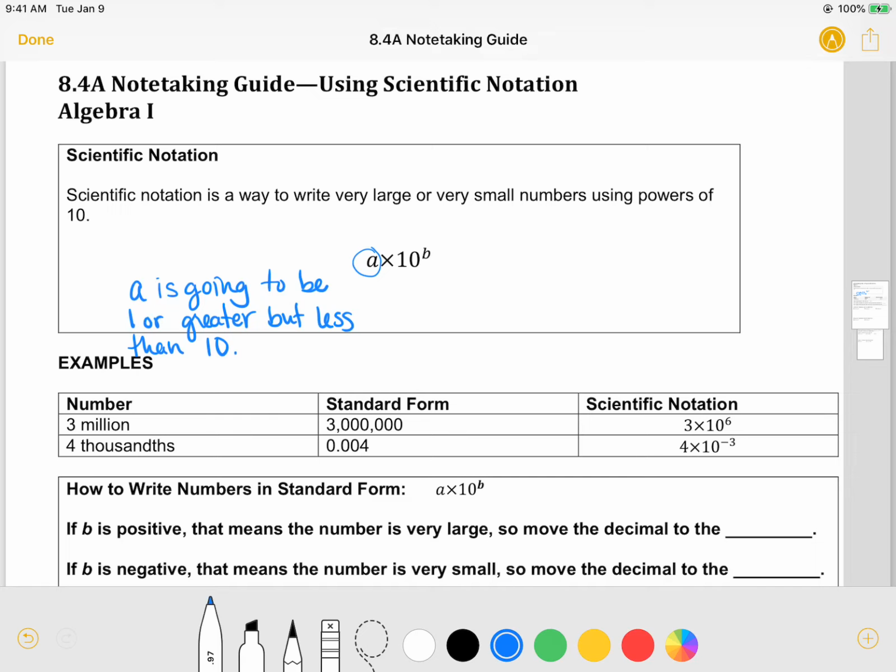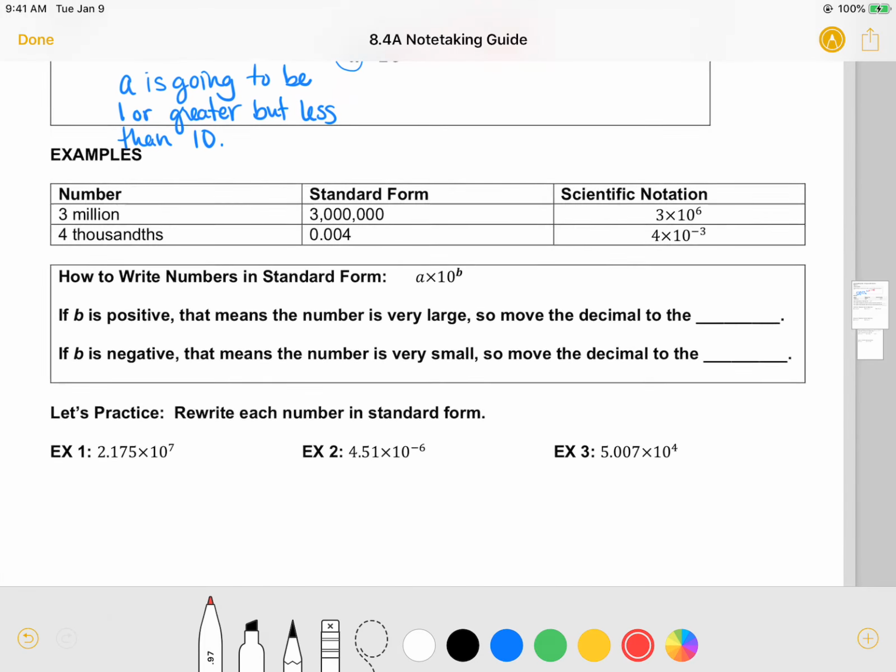Okay, so A always has to be a number that's either 1 or bigger than 1, but it has to be less than 10. Okay, and then this B here, this is going to be an integer. So it can be either a negative number or a positive number, but it's not going to have any fractions or decimals. It's going to be negative or positive whole numbers. Okay, so let's look at a couple examples here.